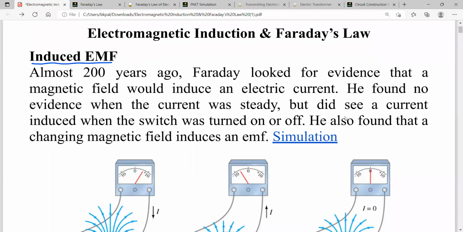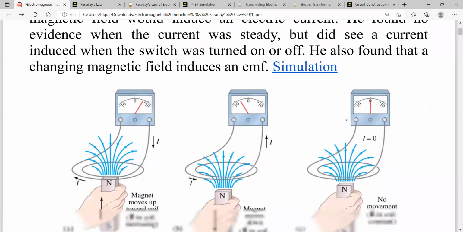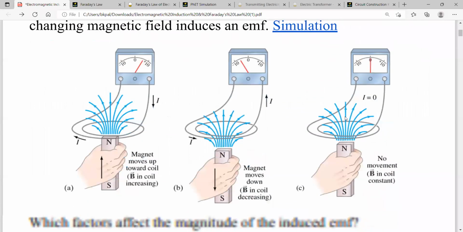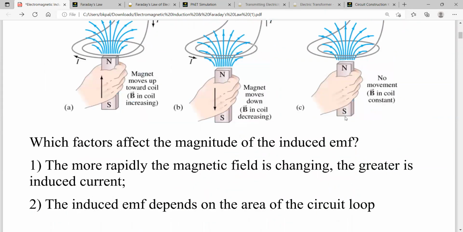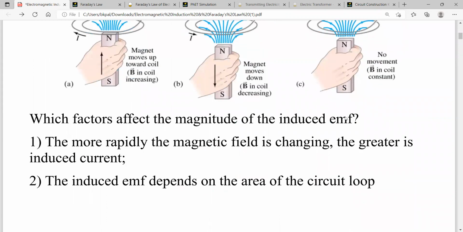Now this induced EMF depends on something. This picture is basically the same thing as the simulation, so I'm not going to discuss it. Let's look at the factors which affect the magnitude of the induced EMF. The first is how quickly you are moving the magnet.